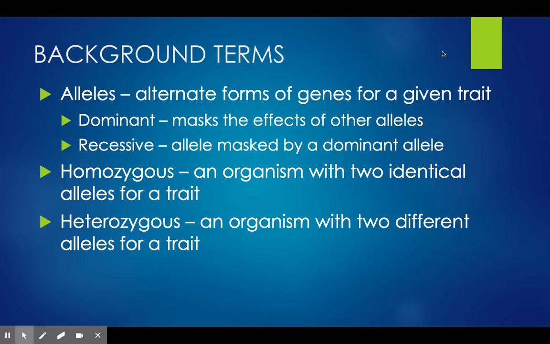When we have an organism that is homozygous, that means that they have two identical alleles for a trait. Now, that means that they either have two lowercase a's or two capital A's. And they have to be the same letter, and they have to be the same either lowercase or capital.